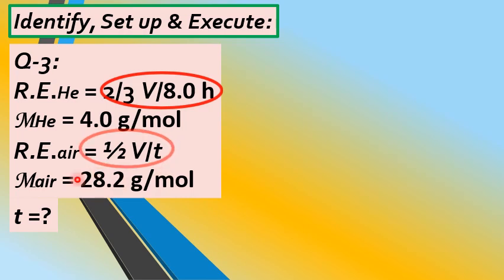The rate of effusion of air can also be expressed as 1/2 times the initial volume, capital B, divided by the unknown time of small letter t, with the molar mass of the air given as 28.2 grams per mole.